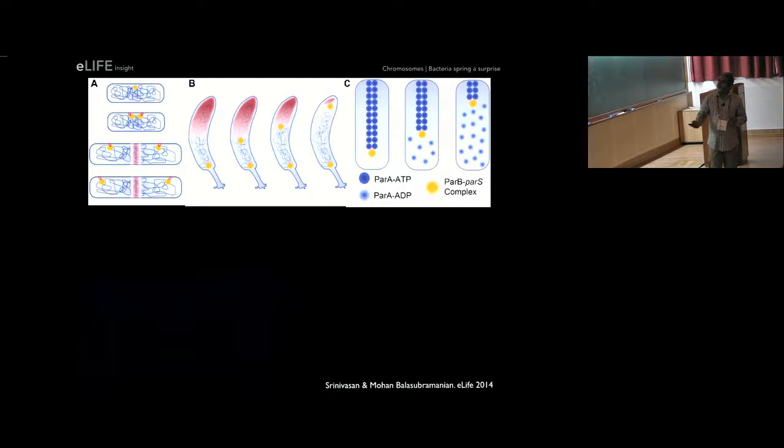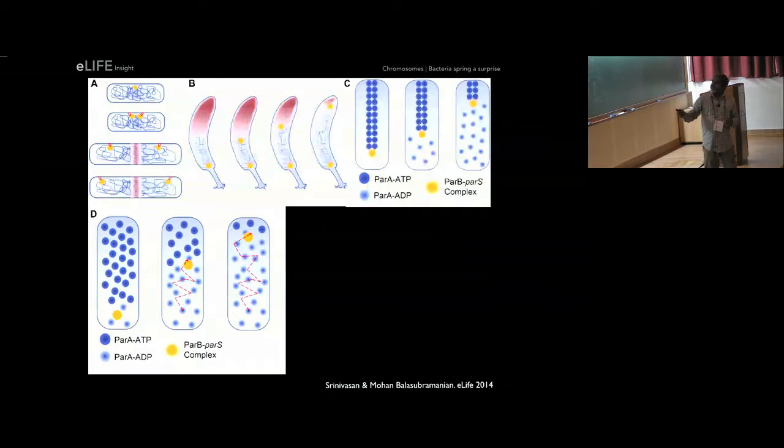But later there were several models, like ParA, which is an ATPase or ATP binding protein, that forms a gradient in the cell. And the molecule that is to be segregated, here the origin of replication, follows this gradient slowly, and this triggers ATP hydrolysis and pushes the gradient away from this part, and eventually it gets to the other end. Other models have been like the filament model, I'll come to this slowly, or a Brownian movement which just captures these chromosomes on the ATP, and they move in one direction.